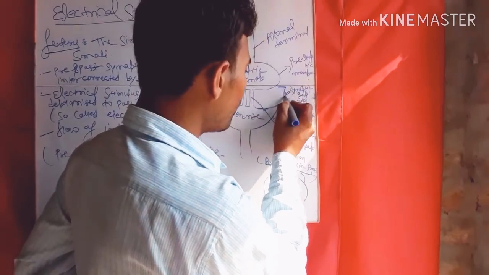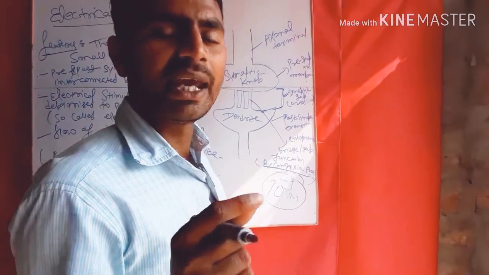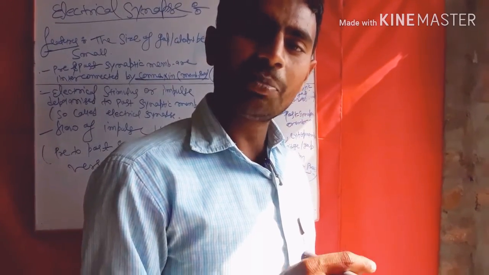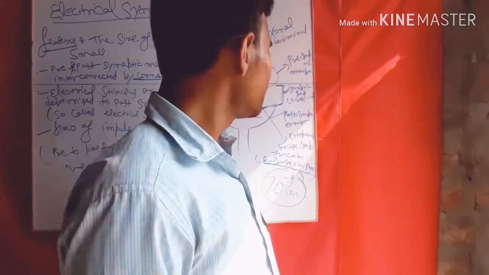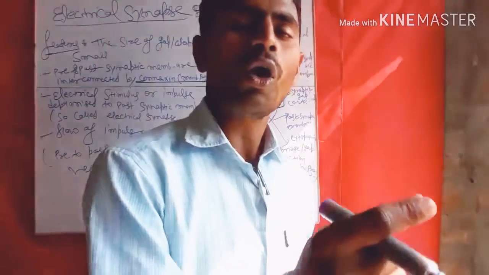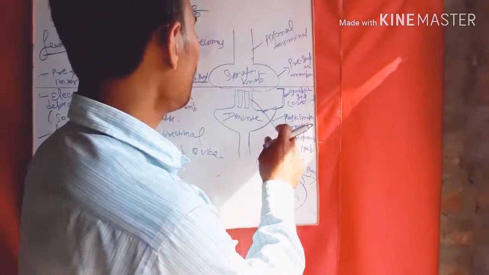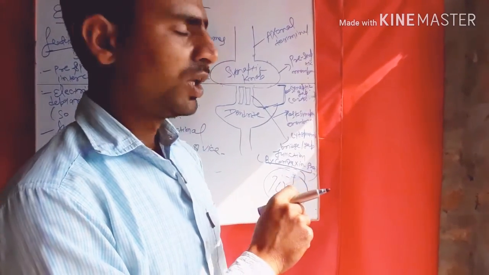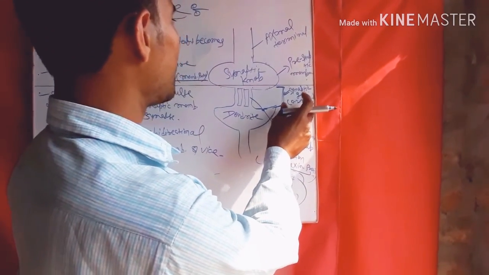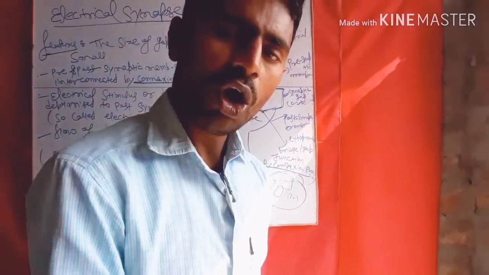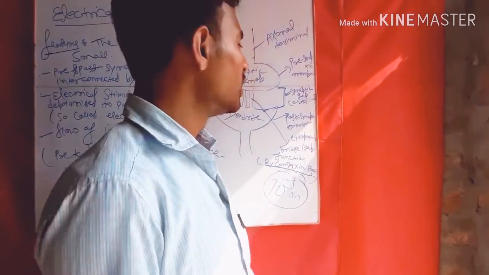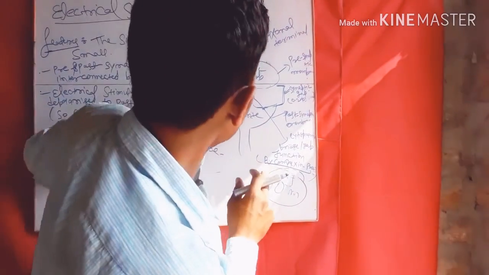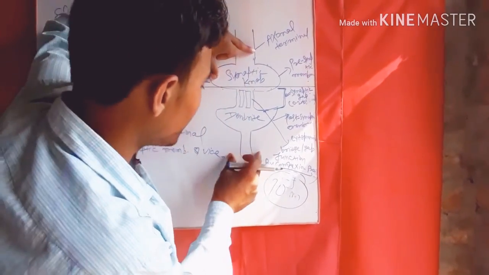That gap is called the synaptic gap, synaptic cleft, or synaptic space, and it is very small, 0.2 to 10 nanometer. So this is the first neuron and this is the second neuron.